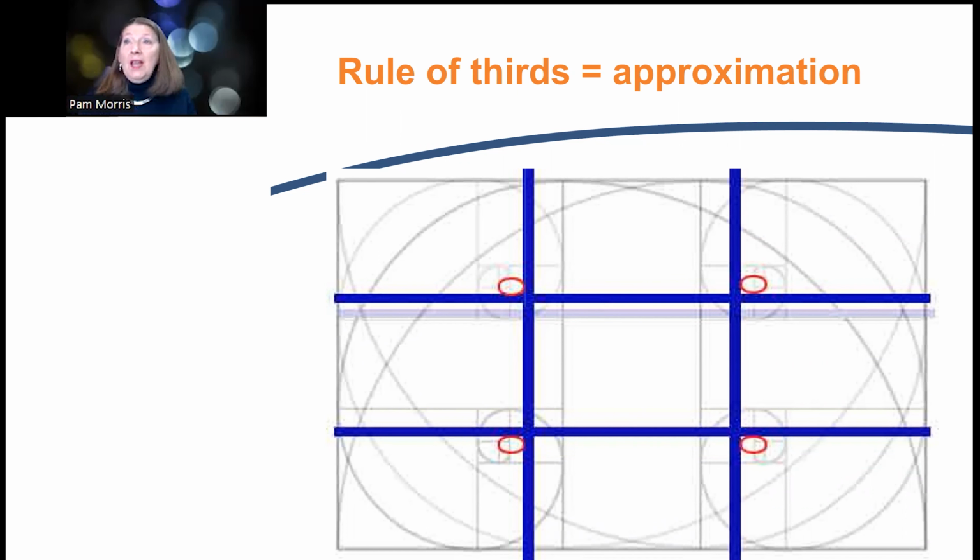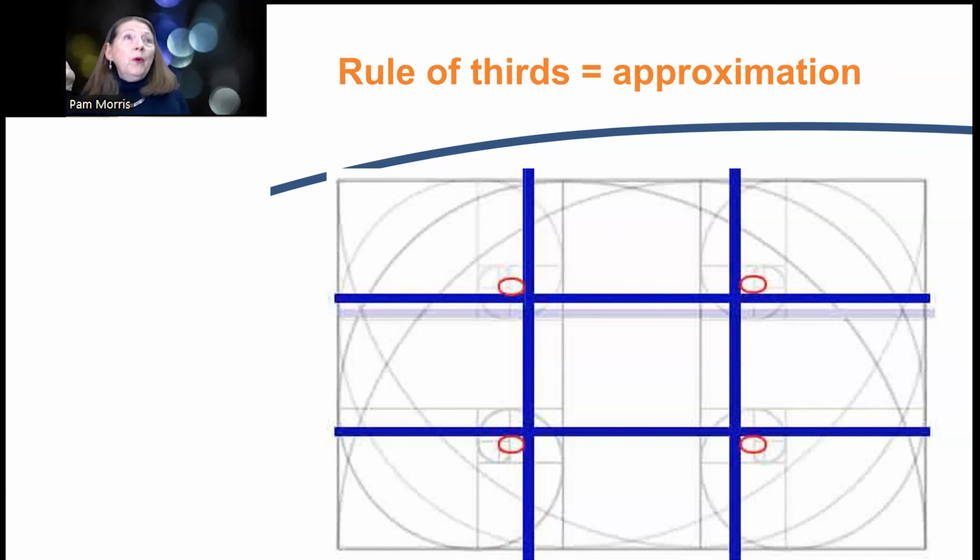We know that anything that sits on those intersections tends to be something that the eye will immediately go to, and something that we find more aesthetically pleasing. And also, if we're aligning up a horizon, we tend to put it either on the top third or on the bottom third. If we're lining up something vertical within an image, it always looks much better when it's sitting on one of those vertical thirds.